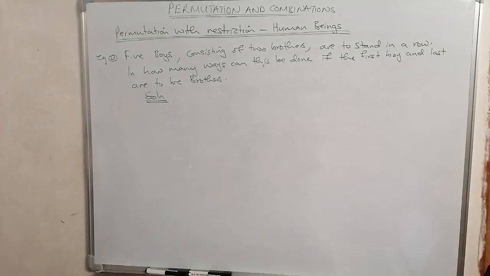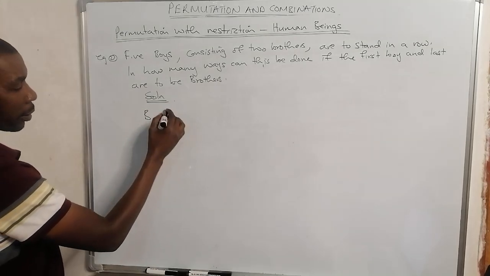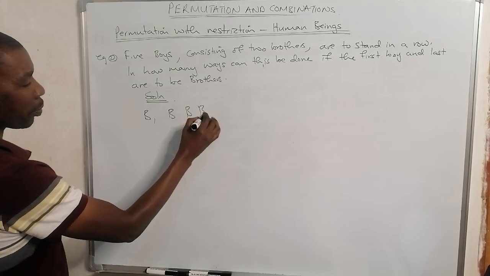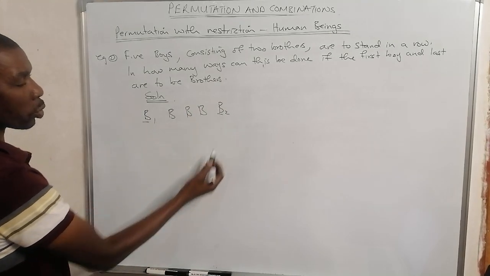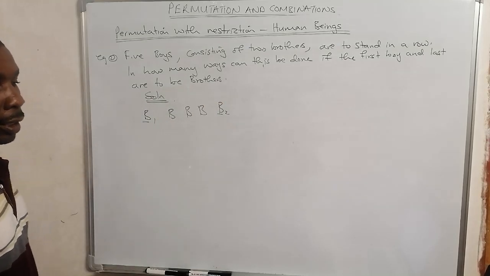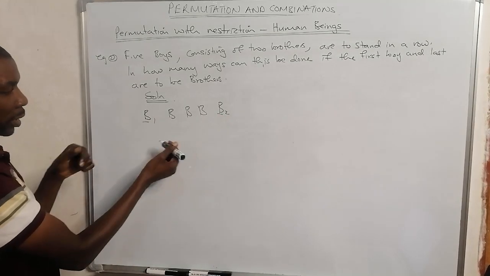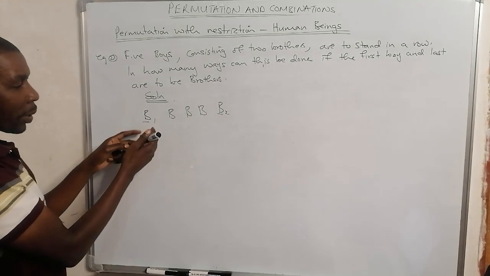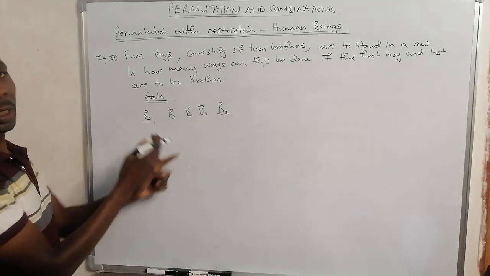So if the first boy and the last boy are to be brothers, we are going to have brother 1 at the first, then the other three boys in the middle, and brother 2 at the last. The two brothers can stand in 2 factorial ways, because brother 1 can be here, but this brother can also be here. They can swap positions.